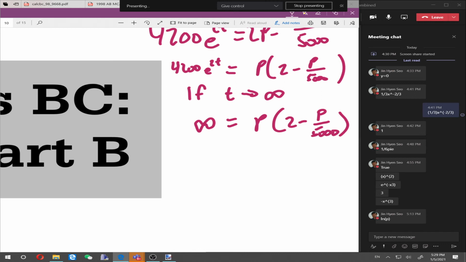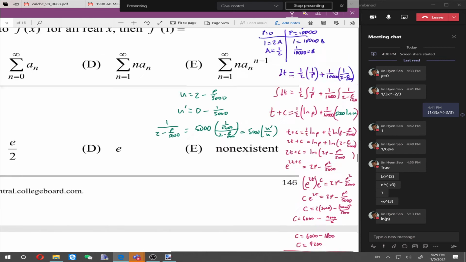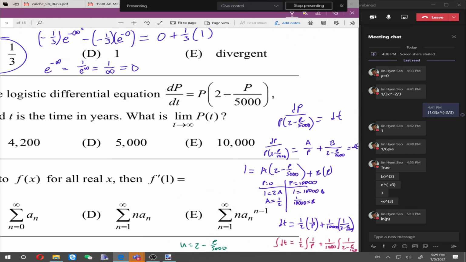If my population is 0, then we're at 0 again. I think we're maximized at 5,000 then. Let's take a look again at our slope. So let's approach 0 at either 10,000 or 0.